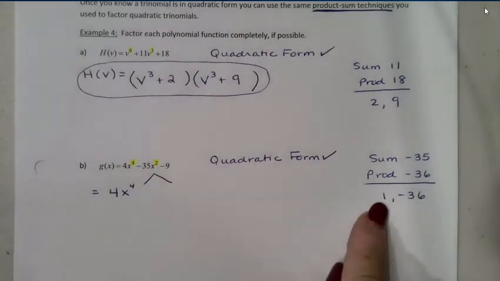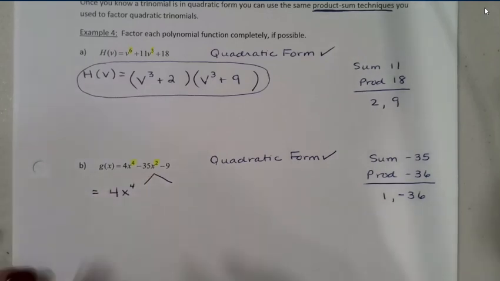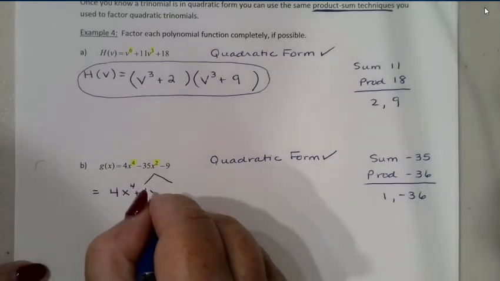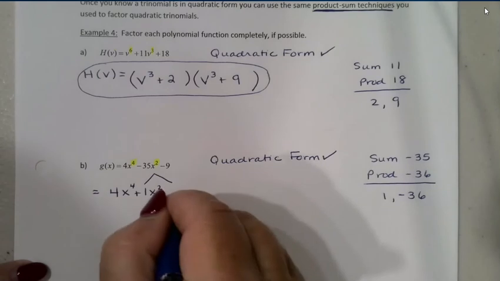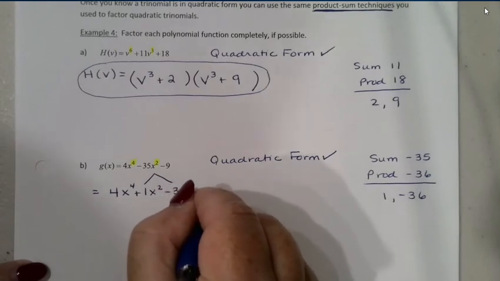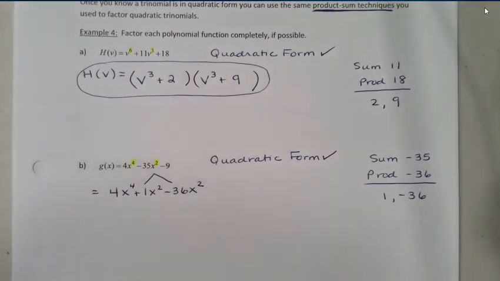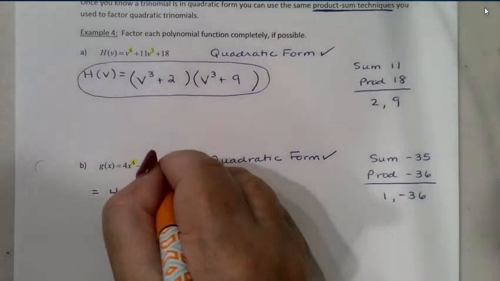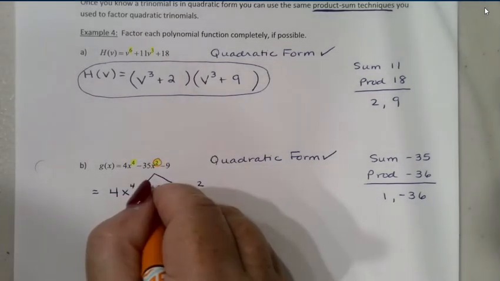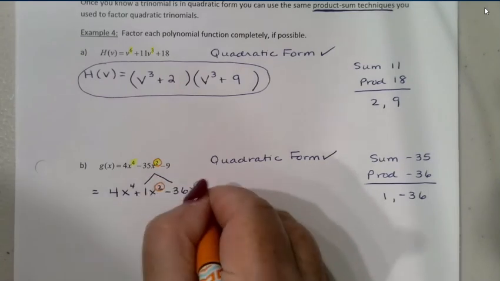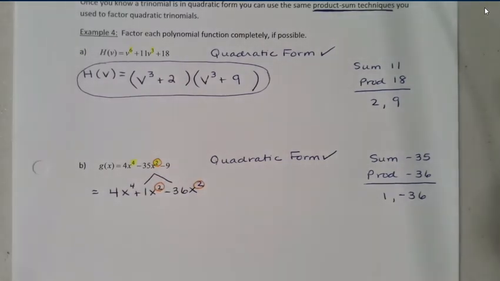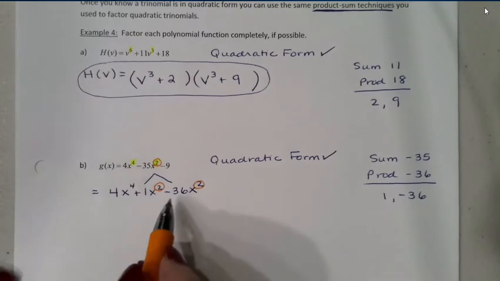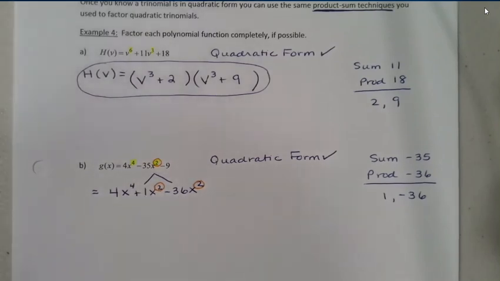I'm going to write that as plus 1x squared, and then minus 36x squared. Make sure you're paying attention to the power here. If this is x squared, when I break it apart, both of those terms have to be x squared terms. So they could be combined back to the original if I needed to.